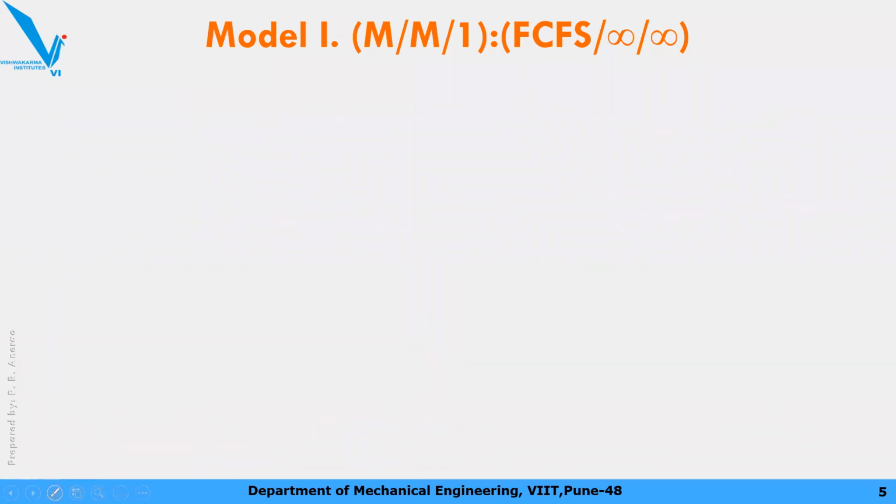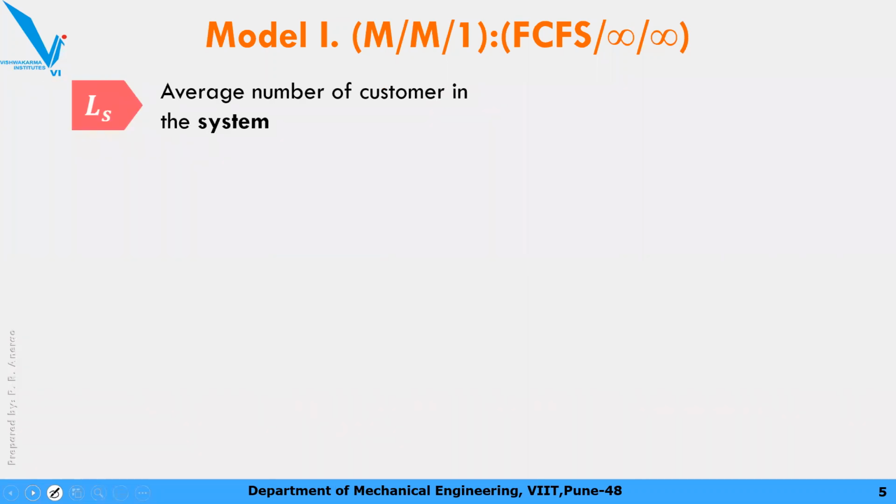Okay, another formula is LS, which stands for average or mean number of customers in the system. That means how many customers are present in the system. Earlier we were calculating probability, but now we are calculating the size of the queue or the size of the system.